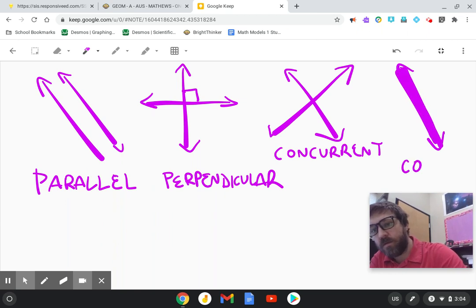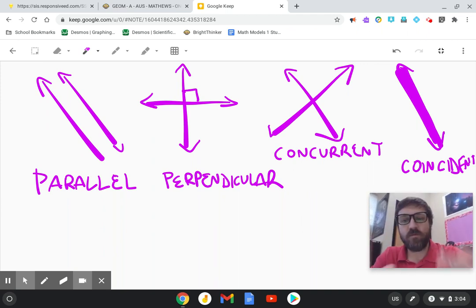We call those coincident lines. So look back into the lesson 1 notes for more information about just what those different categories are.